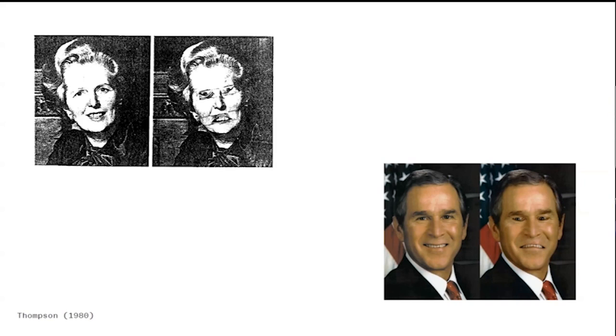So we weren't really able to detect the messing around of the features, because we ordinarily see faces in the upright orientation. Now with objects, it's also more difficult to see the relationship between features when objects are upside down, but it's particularly difficult with faces, and that's called the inversion effect.